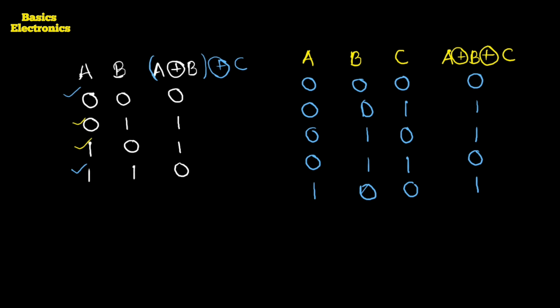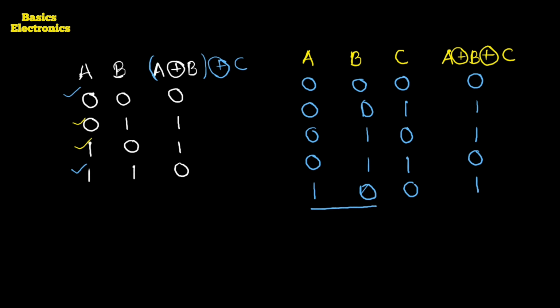How do we get its output equal to 1? 1 XOR 0 is equal to 1, and 1 XOR 0 is equal to what? It is equal to 1. So that's why we get the output equal to 1. For the next entry, A is 1, B is 0 and C is equal to 1.